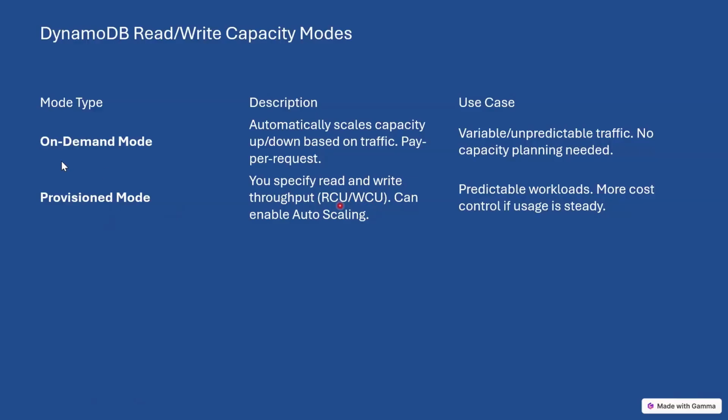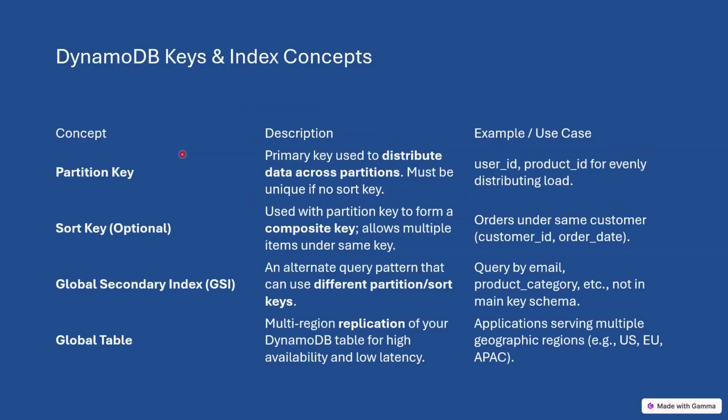So it's better to go with on demand mode. Based on your requests, it automatically goes up, and if requests go down, it will reduce your RCU or WCU. So these are the different modes.